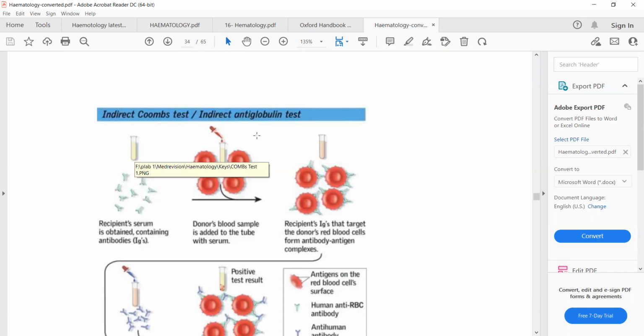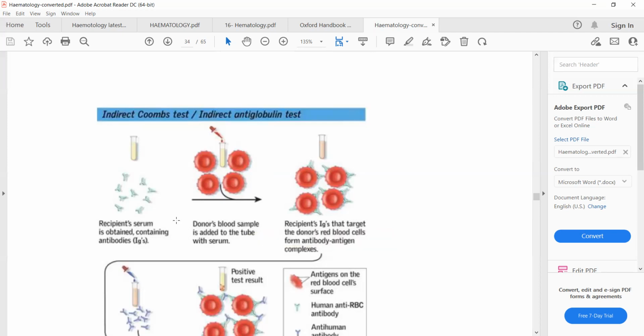If these antibodies are against the donor's blood, or if there is a mismatch, what will happen? These antibodies will combine with the antigens present on the surface of RBCs. So this is the first step of the indirect Coombs test. The recipient serum is taken and it is mixed with the donor RBCs.